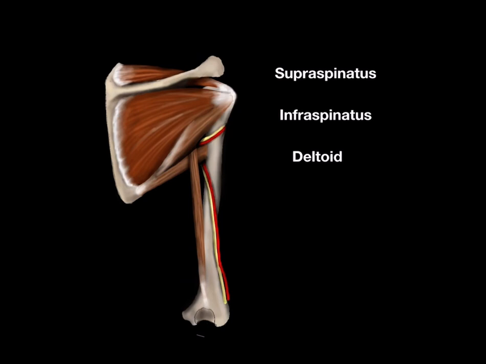Okay, so if you want to give injection to the deltoid, you should give it to the lower half, but should be careful not to injure the axillary nerve. If axillary nerve is injured, the muscle will also get paralyzed. So you see, the axillary nerve is about 5 to 6 centimeter below the acromion process.